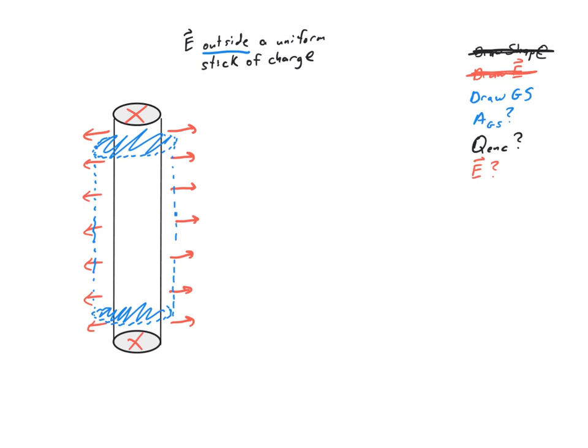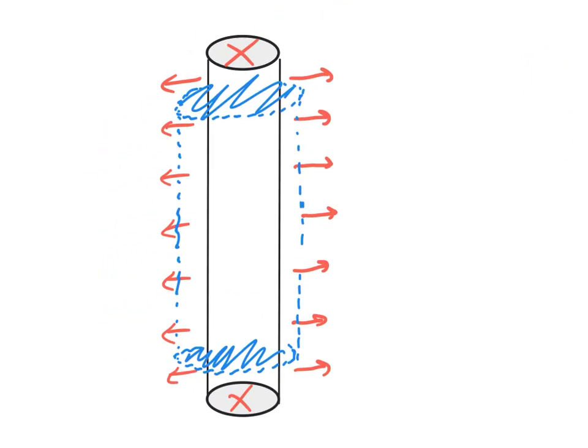It's only pointing through the sides. That side length is L. The radius of the actual shape of the stick, the cylinder, is R, and the radius of the Gaussian surface is little r.